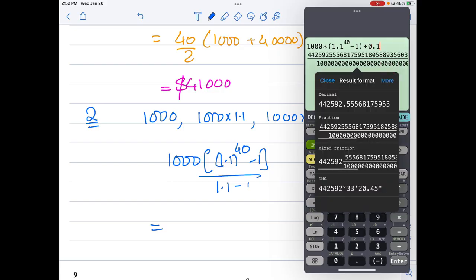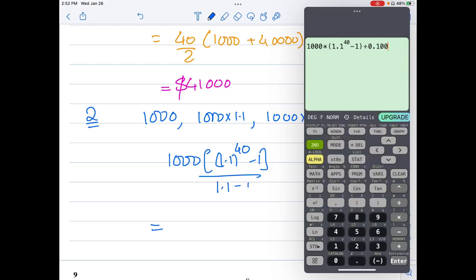So this value is going to be 44,442,592, but times 5% is 0.05. So let me go back, that was an error, 0.05. So I delete that, and multiply with 0.05.